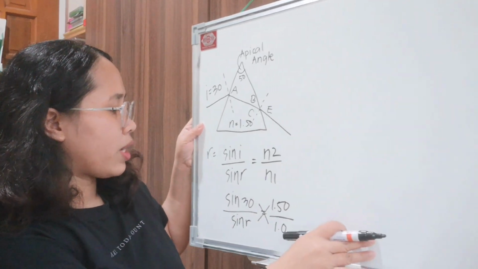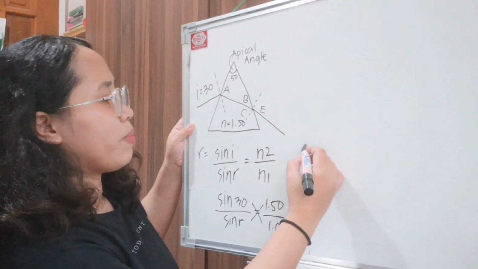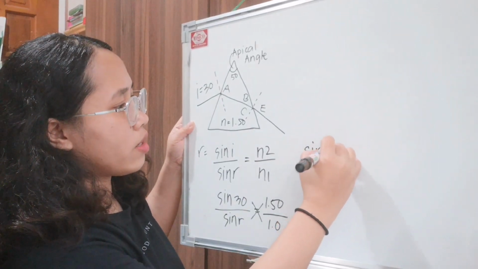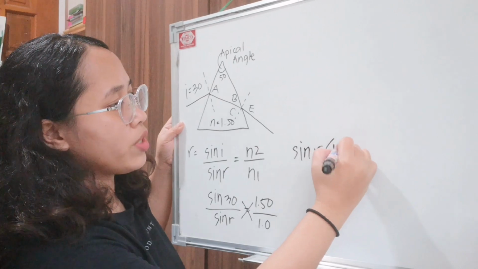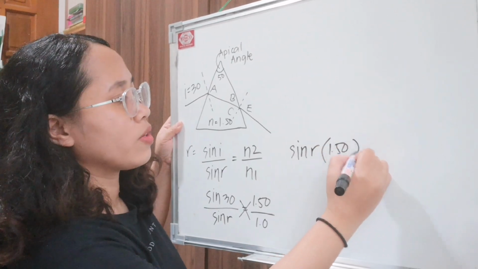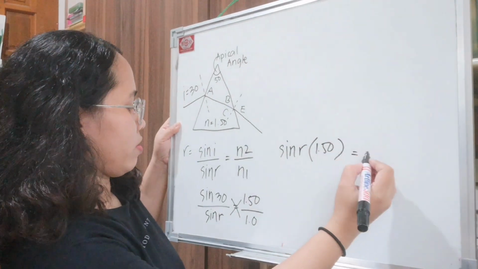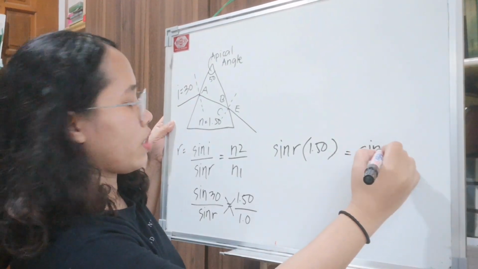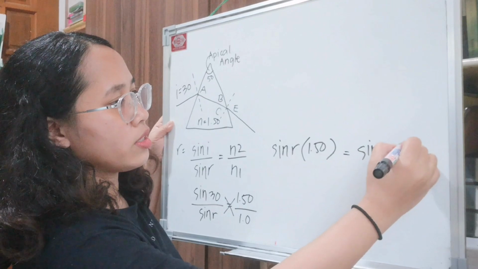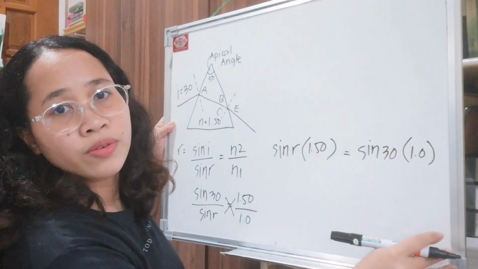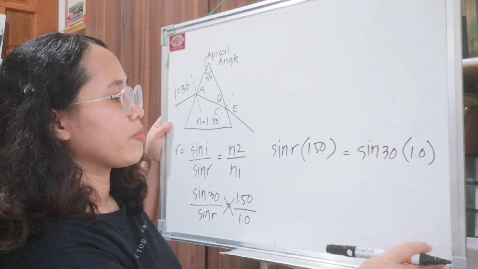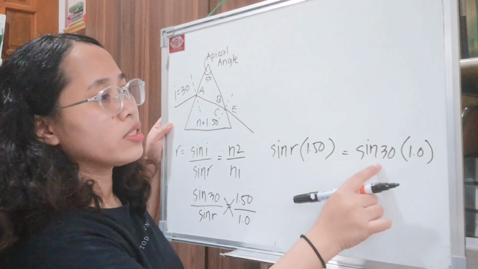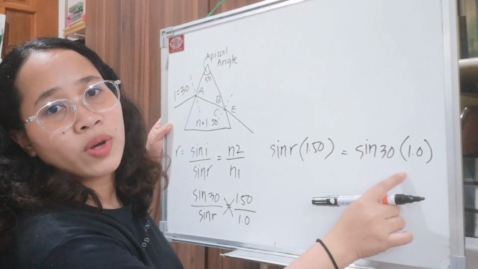When you cross multiply, it becomes sine R times 1.50, and sine 30 times 1.0. You see it?